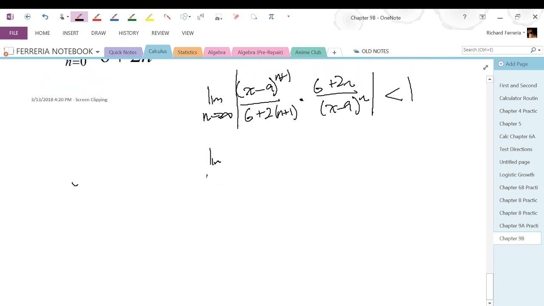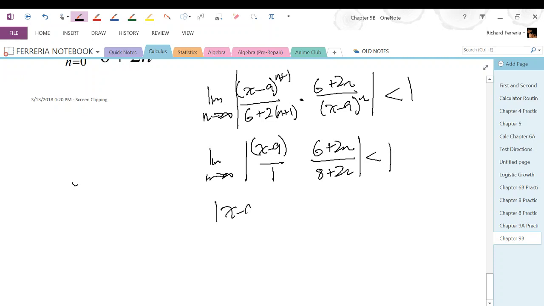Okay, limit as n approaches infinity. Let's simplify that. I get x minus 9 on the numerator, over 1. And then I have 6 plus 2n on top of 8 plus 2n, less than 1.